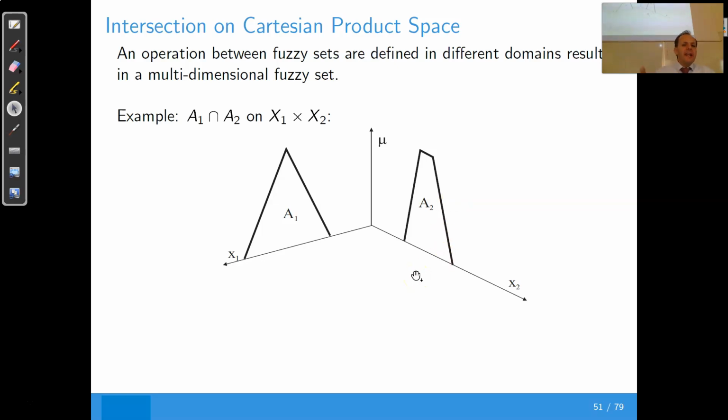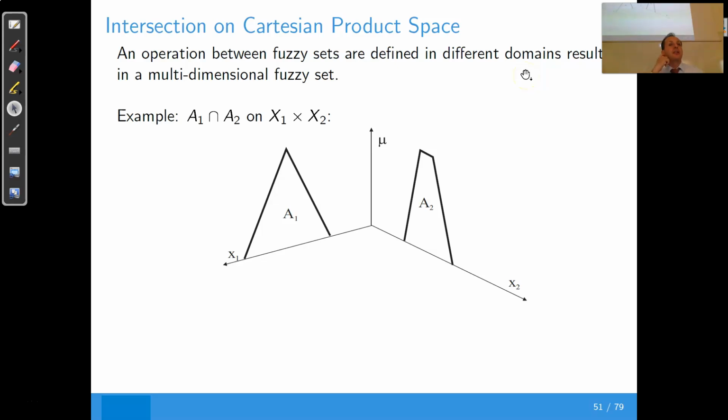And now we complete the description by defining the intersection. We will see later that the intersection represents the relation between two fuzzy sets. So if we have, for example, in this case, again, a two-dimensional space, because we can represent it in the three-dimensional space, you can aggregate two sets, so make the intersection, but in two different domains.